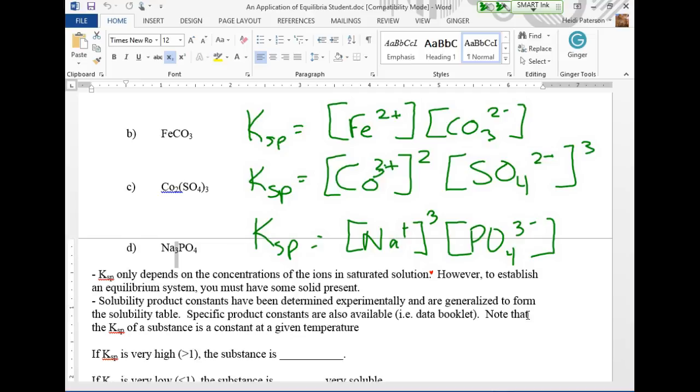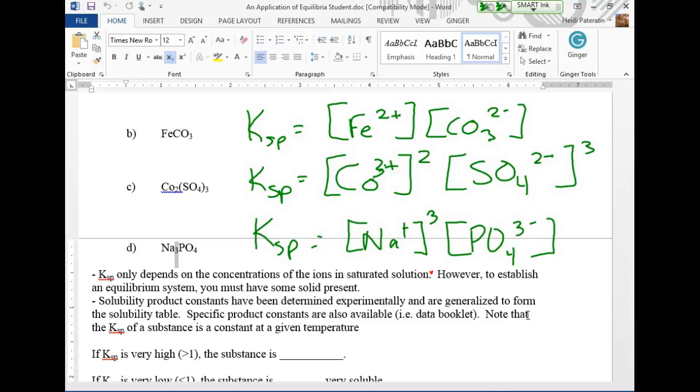KSP only depends on the concentrations of ions in a saturated solution. However, to establish any equilibrium system, you have to have solid present. If there's no solid present, you have an unsaturated solution, and it's a one-way reaction. It's only when you have solid at the bottom of the beaker that you're reforming the crystal, and now you have the reverse reaction.